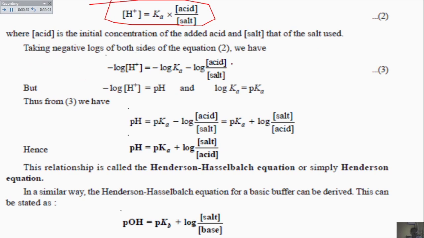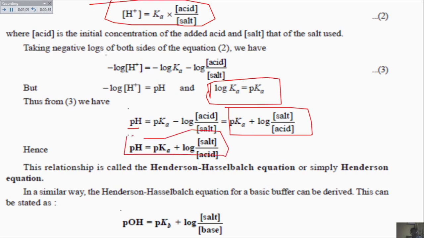Taking the negative log, what we need to note here is that pKa equals minus log Ka, because we need this pKa when determining the pH of this buffer solution. Therefore, pH equals pKa plus log of the concentration of the salt over the concentration of the weak acid.